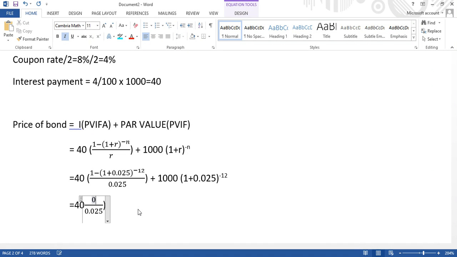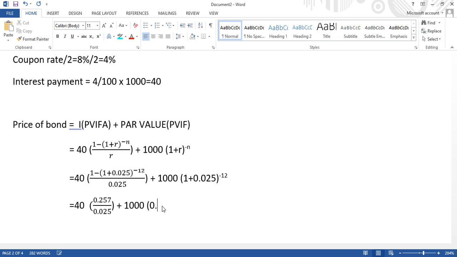We have 0.257 divided by 0.025, plus, all right, we said 1.025 to the power negative 12 is 0.743.